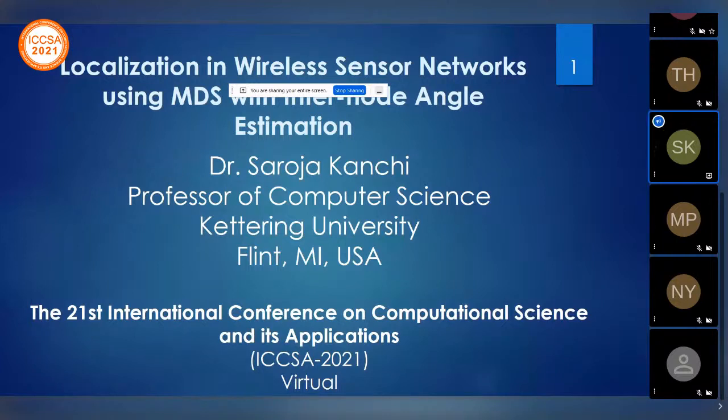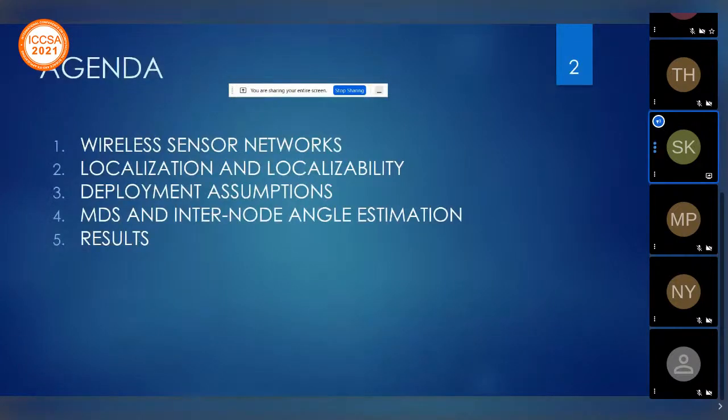I'll first introduce the concept of wireless sensor networks and give a quick review of localization and localizability concepts. We'll talk about different deployment assumptions, and then I'll talk about some very basics of multidimensional scaling and the new addition of internode angle estimation that's included in the results for this paper.